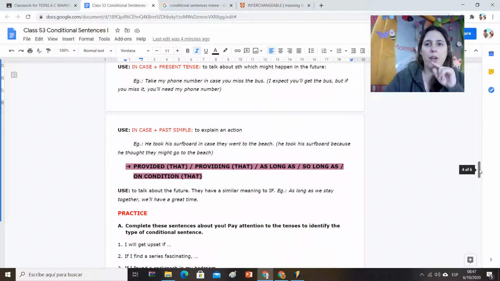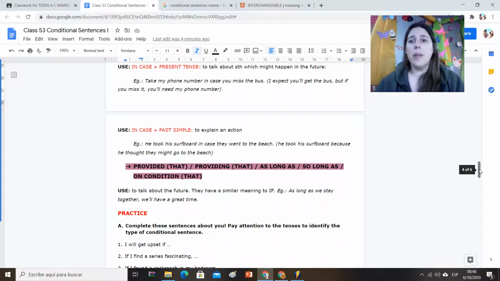And then we have provided, provided that, providing that, as long as, so long as, and on condition or on condition that, which are used in the same way as if. People, that is between brackets because it can be omitted. And if you use provided, do not use if.